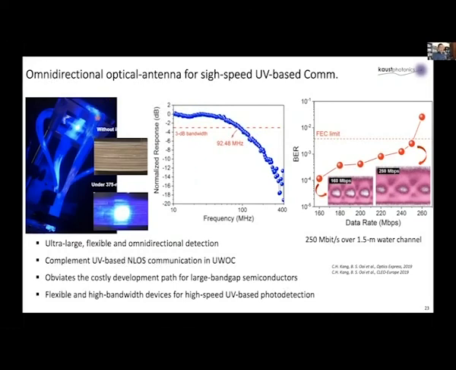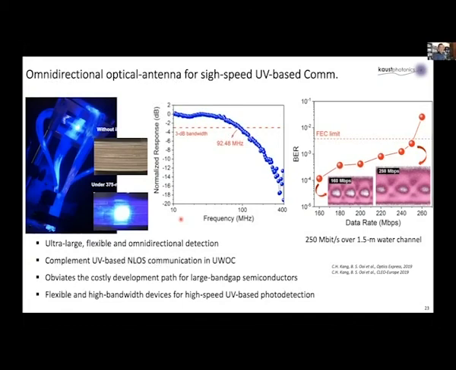So when any UV light or even blue or violet light strikes onto the fiber, it will be converted into a different color and eventually guided into the small APD material. Doing so, we'll be able to have a very, very large detection surface.